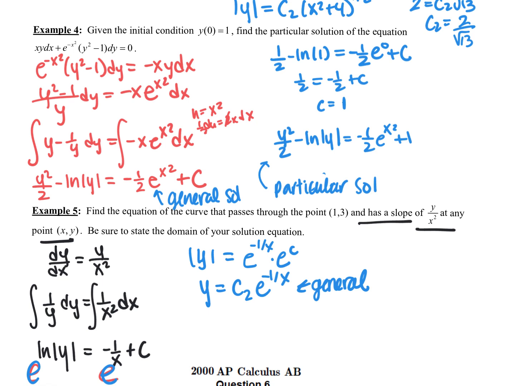multiplied, okay? So when you plug in your values, you're plugging in 1 and 3. So 3 for y, 1 for x. And so that c will be 3 over e. And when you plug that back in to find your particular solution, or no, 3 times e, sorry, times e.